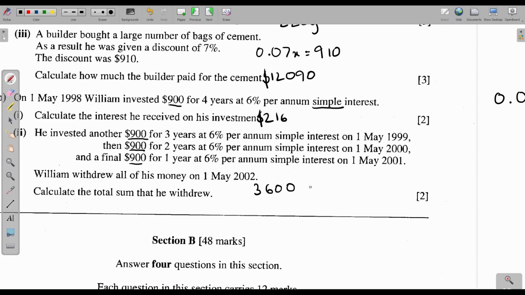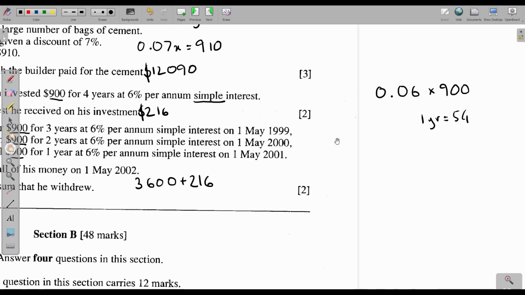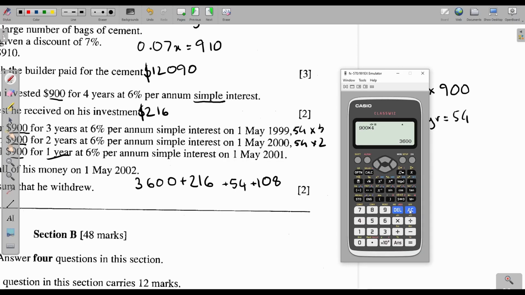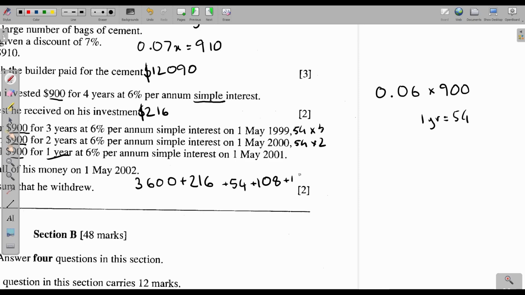So 900 into 4, because that's just the money that he starts off with. So 3,600, right? Plus the 216, which he got after 4 years. He also gets 54 for the last one, because this one is only for 1 year. This one is going to be 54 times 2, which is 108. And this one is going to be 54 times 3, which is 162.